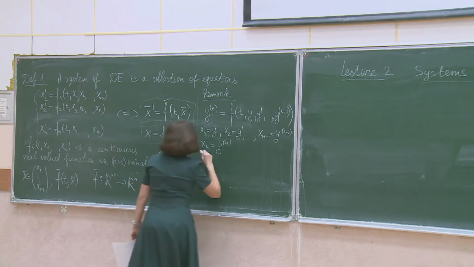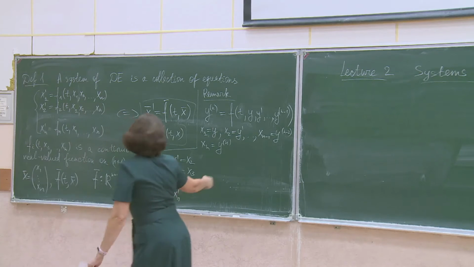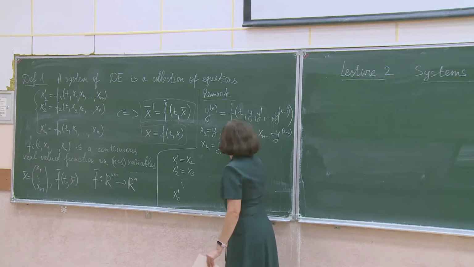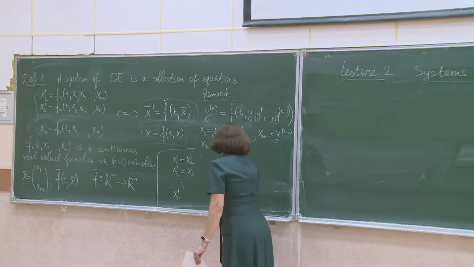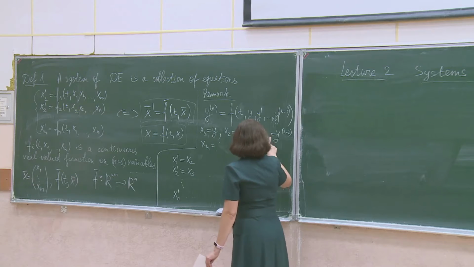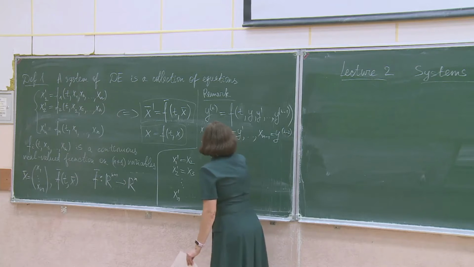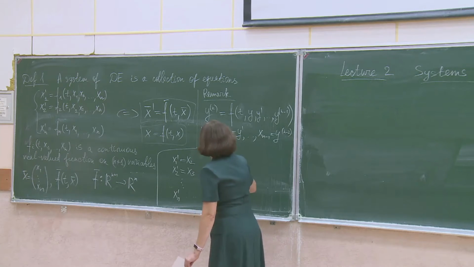And then the last equation would be xn prime. So, not correct then, so I will remove this. So we need not this, right? xn is y^(n-1), right?